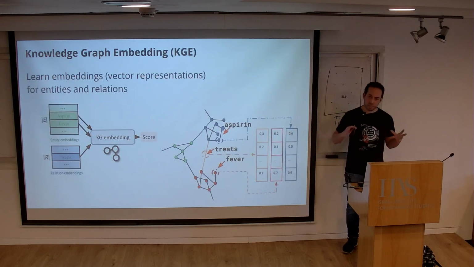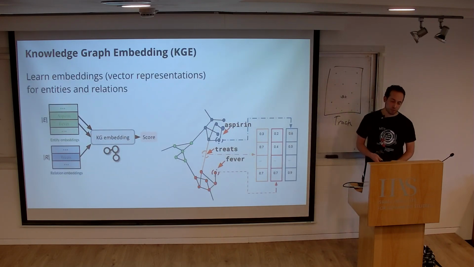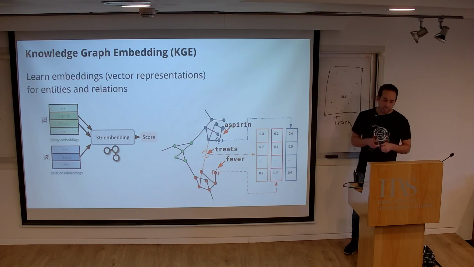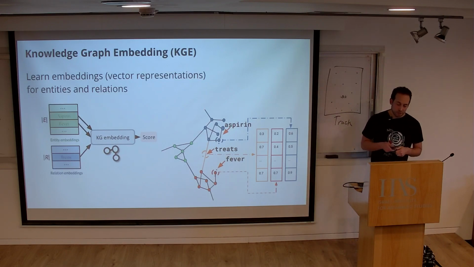Now, the standard prevailing way to do knowledge graph link prediction is via embeddings that I think you've all seen by now. We will learn vector representations of the entities like aspirin and fever, and we will also learn representations of the relationships we're interested in, like treatment.